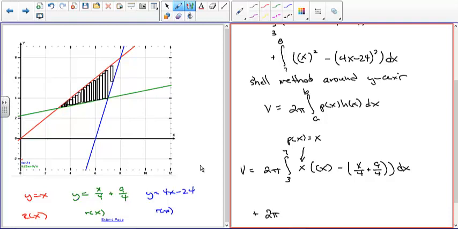Now I'm going to point out what happens if you are rotating around something different than the x-axis, and I mean the y-axis in this case. And once we finish this second little bit here.